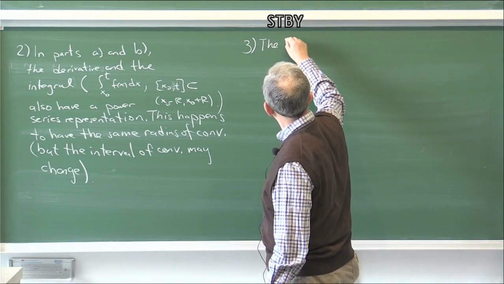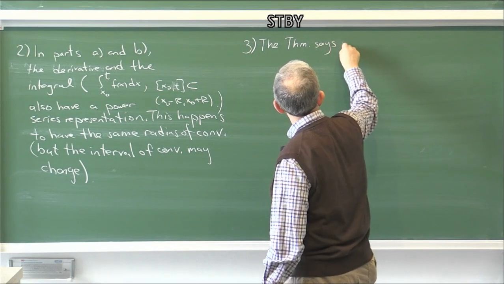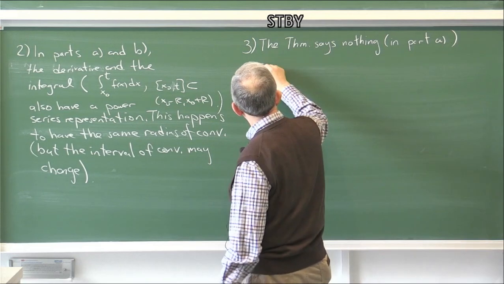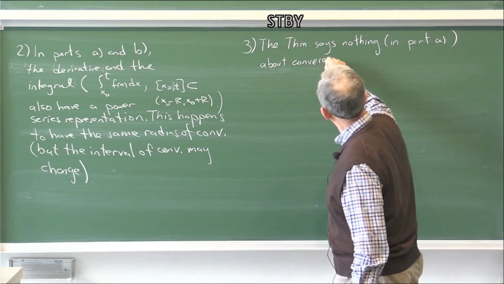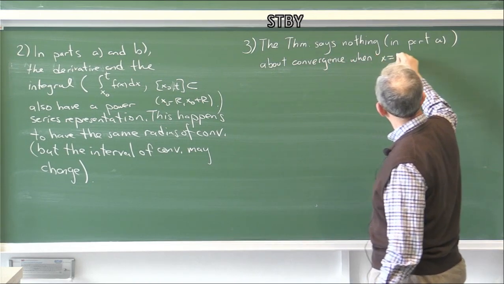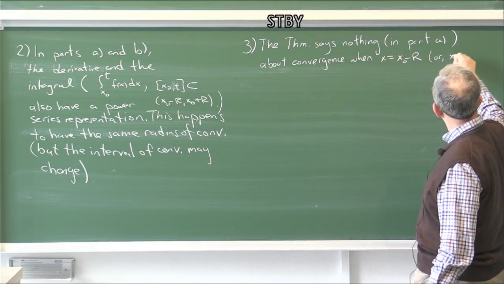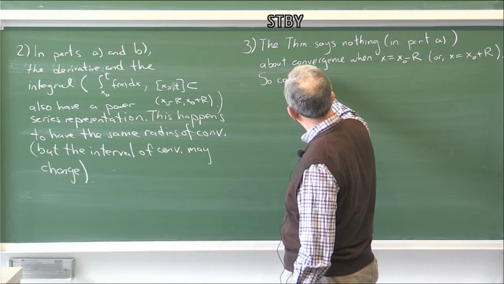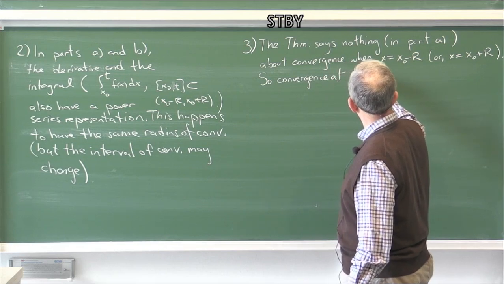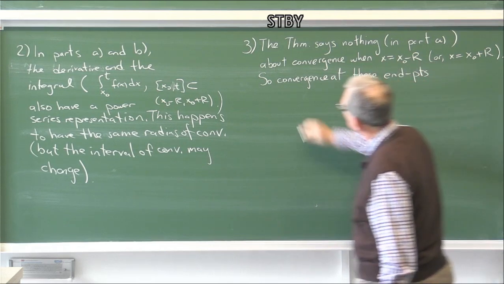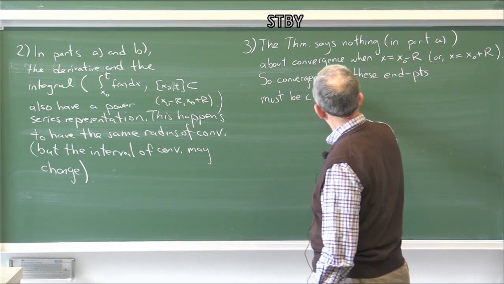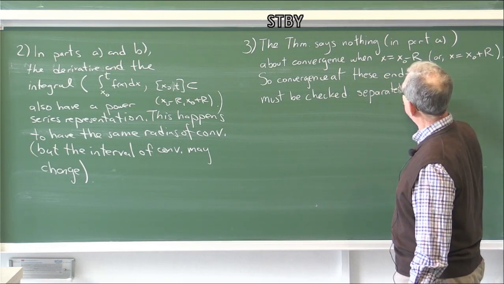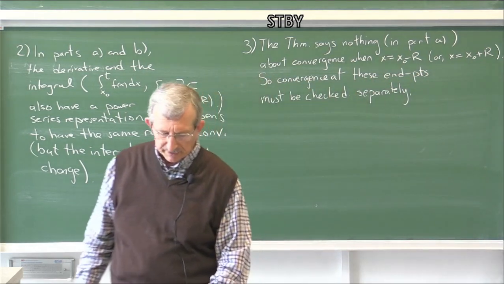So the theorem says nothing, of course, in part A, about convergence when x is x0 minus R or x is x0 plus R. So convergence at these endpoints must be checked separately. This is one point we will see in the examples quite directly.